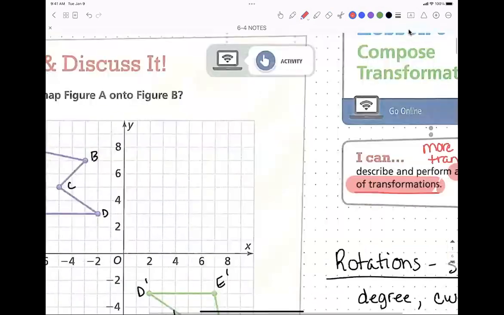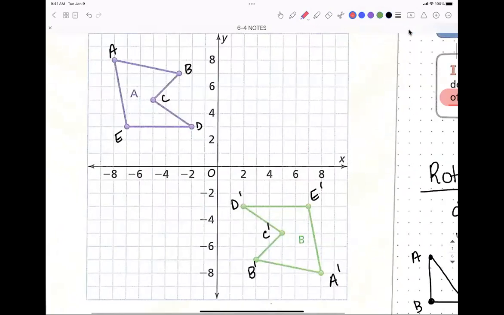All right. So I want you to go ahead and label these vertices because in the book they don't, and I think it's nearly impossible to see it without those vertices being named. So go ahead and name those real quick.